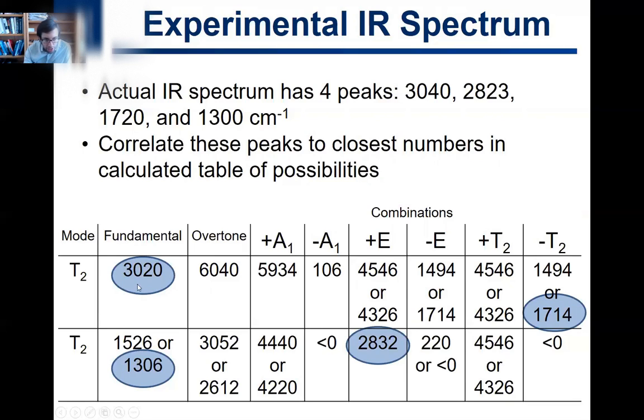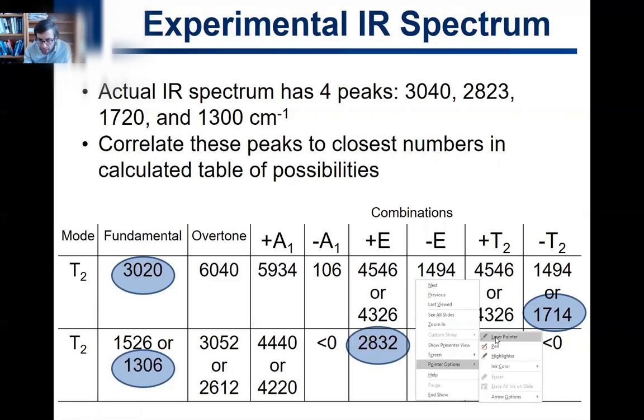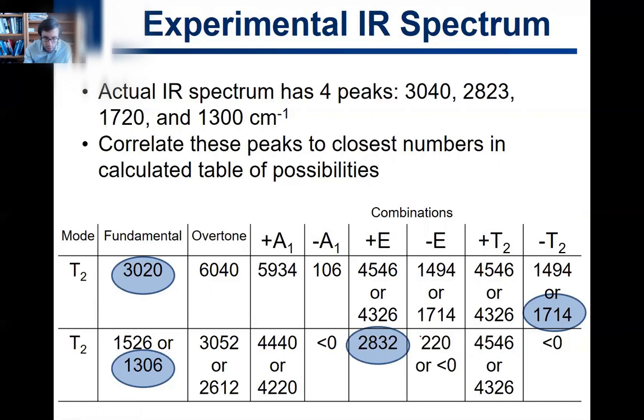Now, you might be looking at this first row, and this is a question that's come up in previous years. Why didn't you choose this 1714? There's two 1714s here. Well, we have to think about what those 1714s represent. That 1714 there, this one, represents when E is 1306, right?